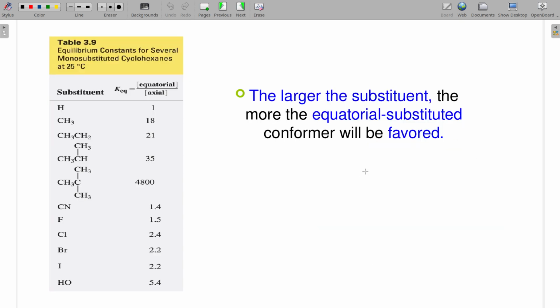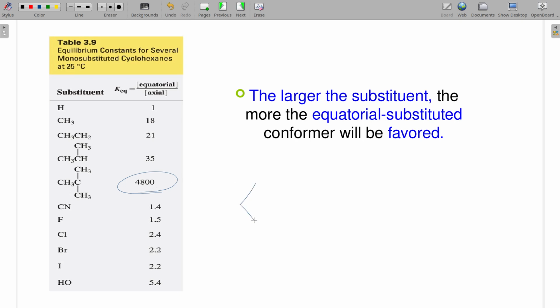This is, though: whatever that substituent off the ring is drastically affects the stability of one chair over the other. And this is probably the more interesting one. It's 4,800 times more likely to be equatorial versus axial if that substituent is a tert-butyl group.